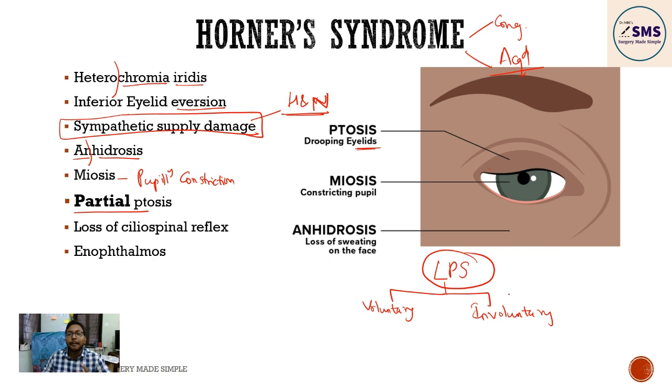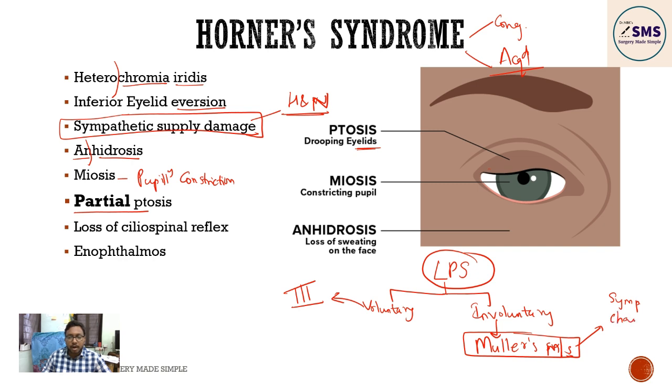So this involuntary part of levator palpebrae superioris is called Muller's muscle. Now, what you need to understand is that the voluntary part of LPS is supplied by the third cranial nerve, nothing but your oculomotor nerve, whereas this Muller's muscle is supplied by the sympathetic chain.